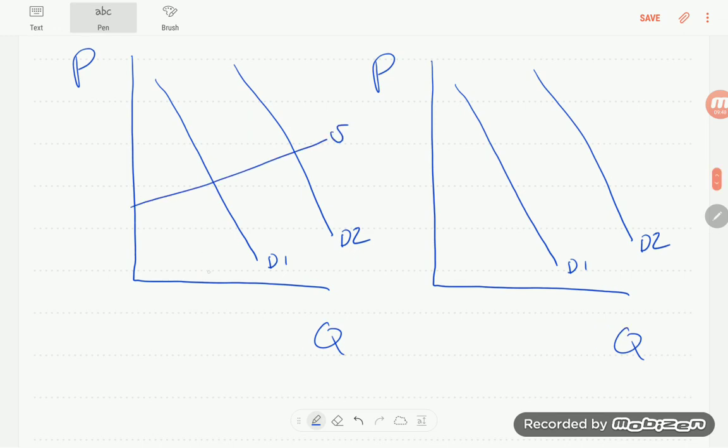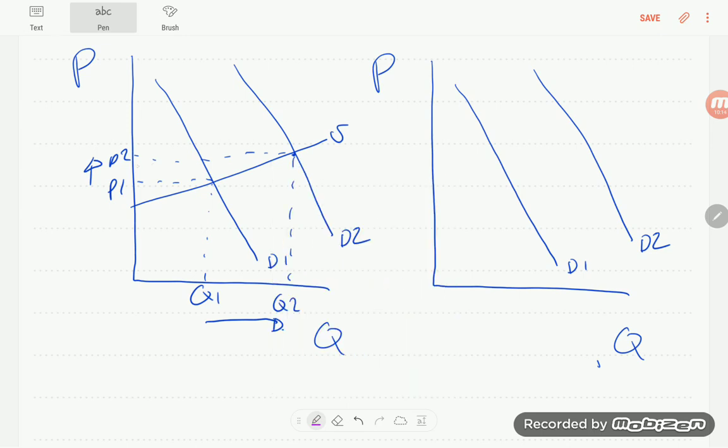Now what you can see, if I mark the equilibriums on, Q1, P1, Q2, P2, you can see that the quantity increases massively, but there's a fairly small shift in price.